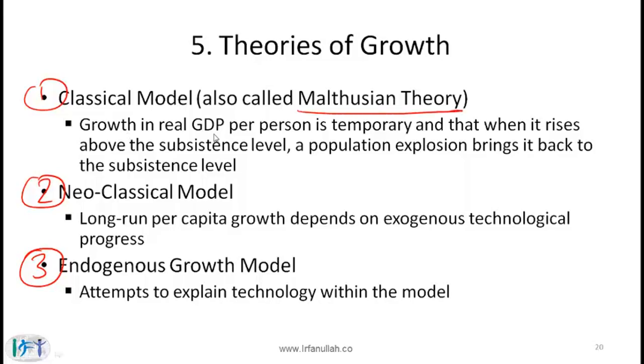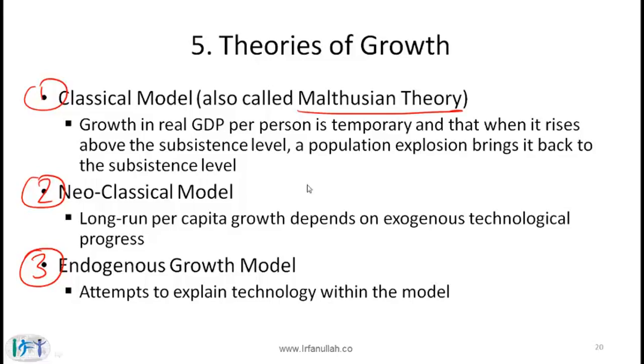the growth in real GDP per person is temporary, and when this growth level rises above some subsistence level, either due to more capital or better technology, then this increased wealth per person causes a population explosion, which essentially brings the growth per person back to the subsistence level.